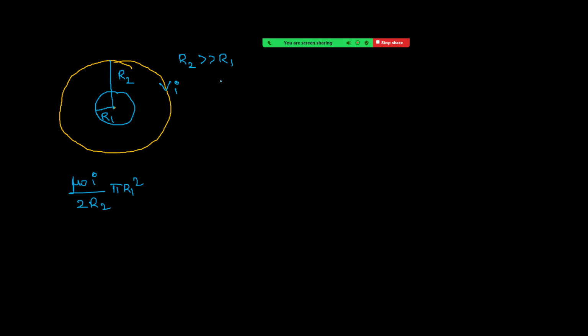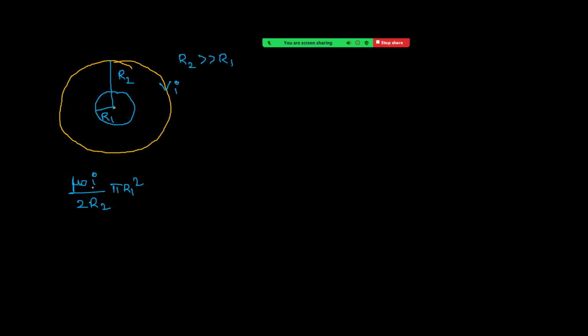And remember, since we are given this condition, at any point in this loop the B value is the same because this area is very small. That's why we have taken B into area directly.